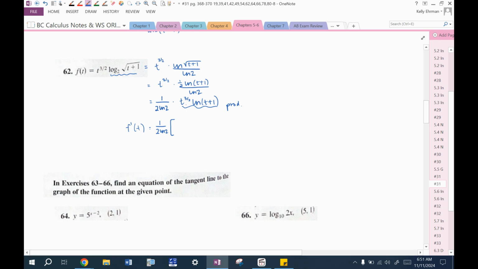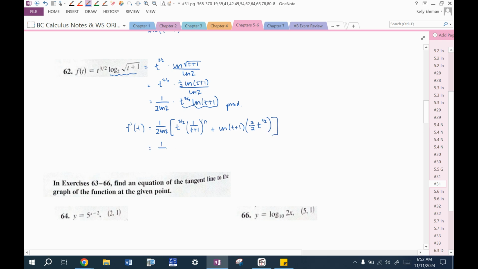All right, so first times derivative of the second. So this will be 1 over t plus 1, and the derivative of t plus 1 is 1. And then plus the second times the derivative of the first, so that will be 3 over 2 times t to the 3 over 2 minus 2 over 2, which is 1 over 2.